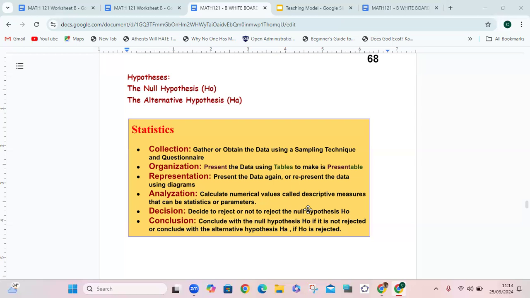And now you're in a position now to decide what? Either you reject or you do not reject the null hypothesis. That's how it is established. And then you can empirically conclude with the null hypothesis if it was not rejected, or conclude with the alternative hypothesis if the null was rejected.